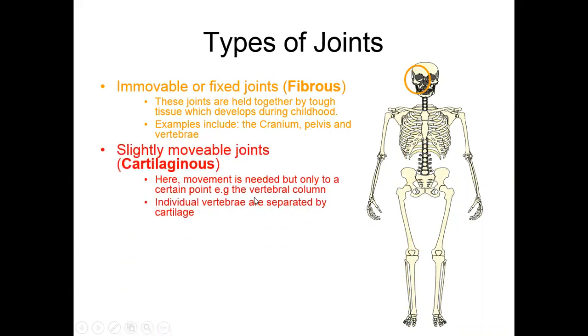We also have some other joints which can move slightly, but not very much. The movement is needed, but only to a certain point. Like the vertebral column, it can move, but not as much as you might think. The individual vertebrae are separated by cartilage.